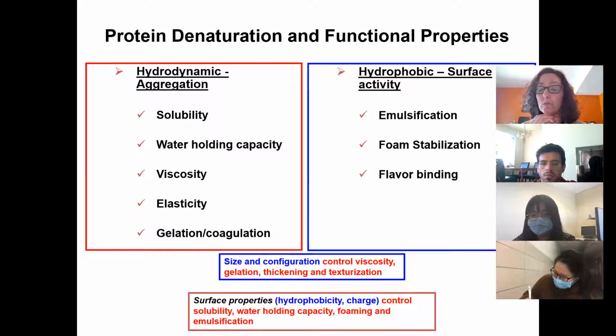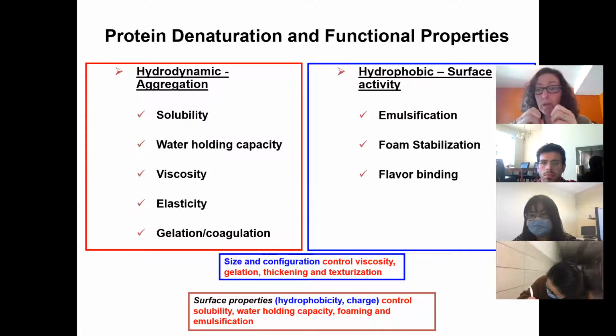We'll show that when we talk about emulsion and foam, but once you have a film of protein around your oil or your air bubble, you want the protein on the surface of the film to carry some charge so that there is repulsion between the two oil droplets or the two air bubbles.